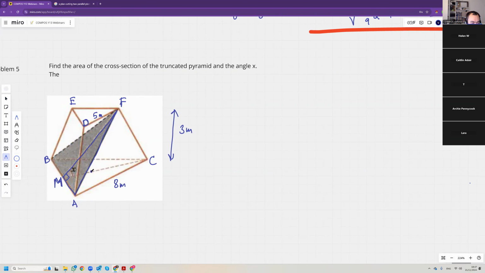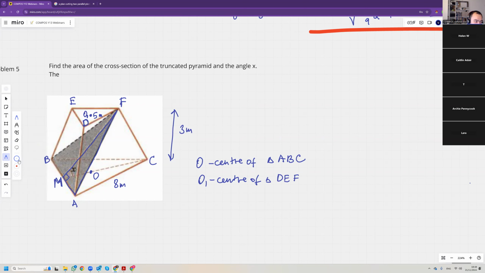All right, so let's put another point. Let's call it point O. O is the center of triangle ABC. O1 is the center of triangle DEF. And let's continue.